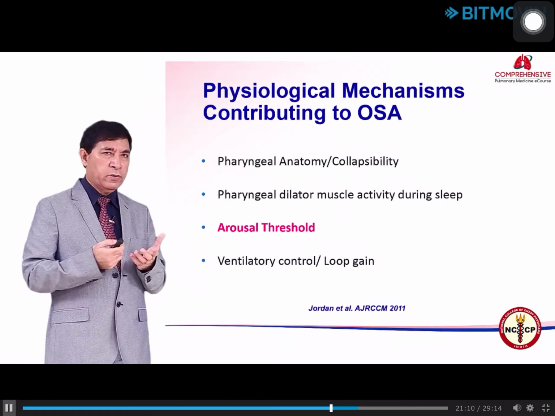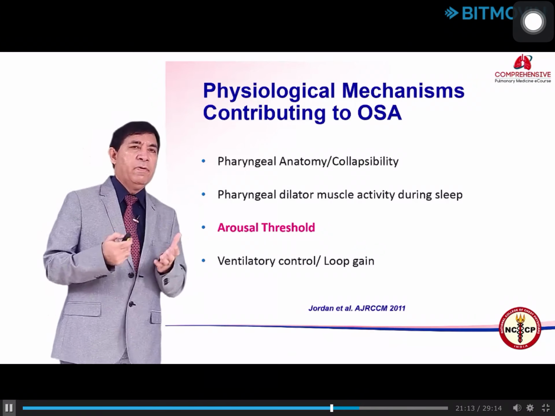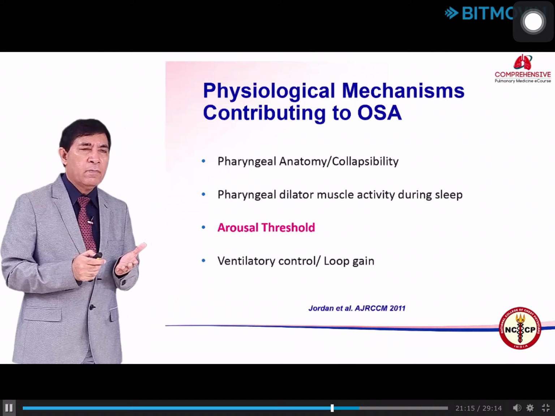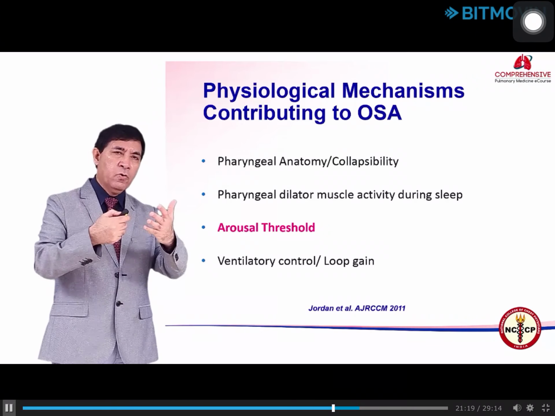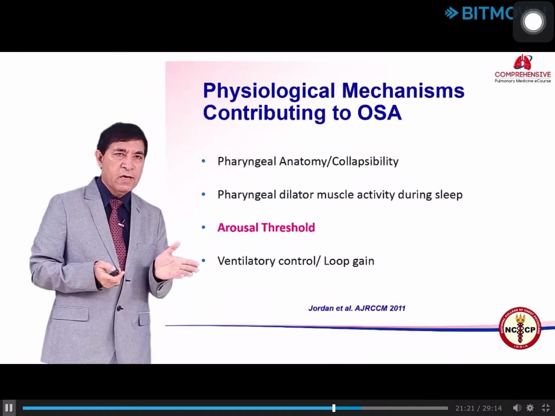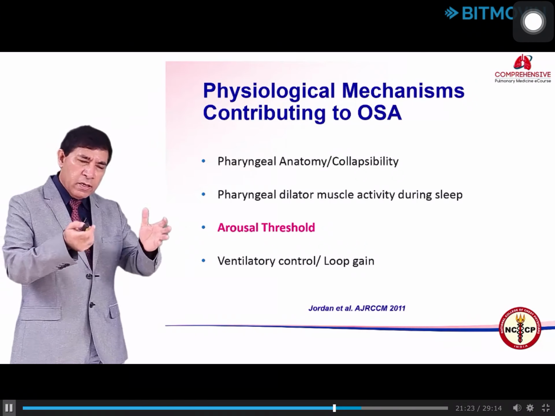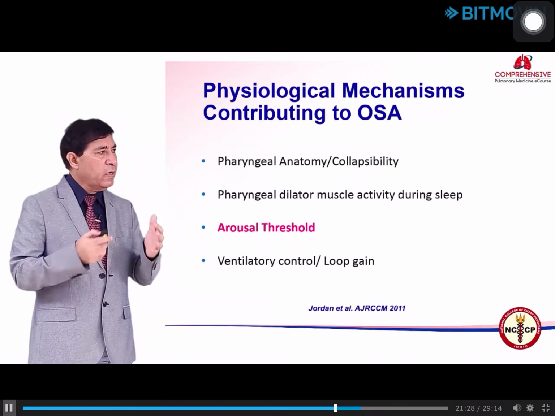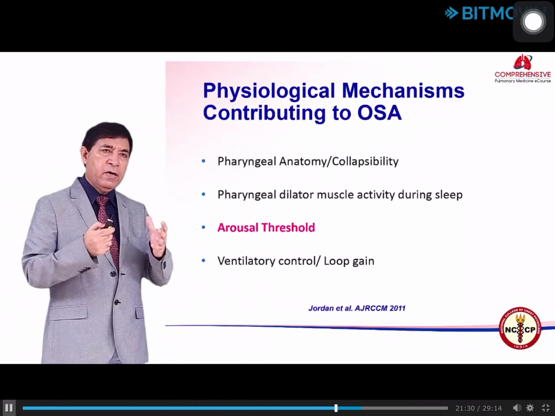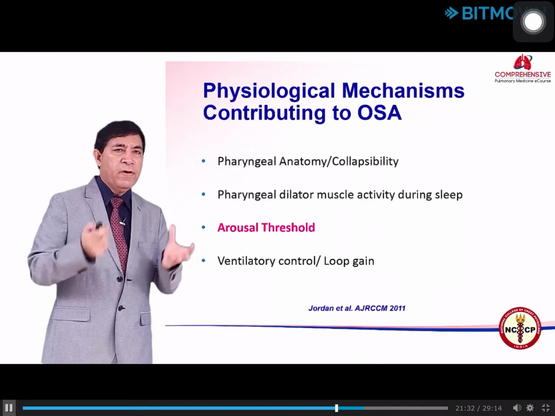This could be the degree of arousal threshold, because normally when you develop upper airway obstruction, when you develop hypoventilation, there is an increased effort of breathing in response to hypoxia, hypercapnia, or increased effort because of the narrowing and loading of the system. As a result, when the effort increases to a particular level, the person wakes up.